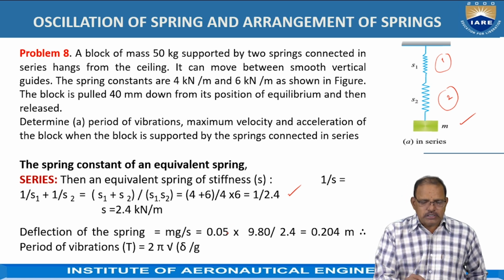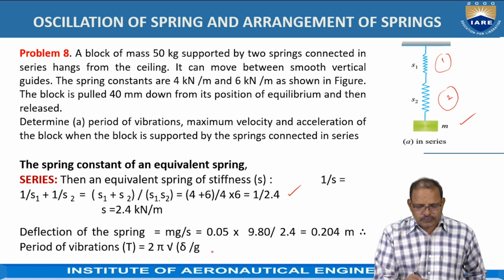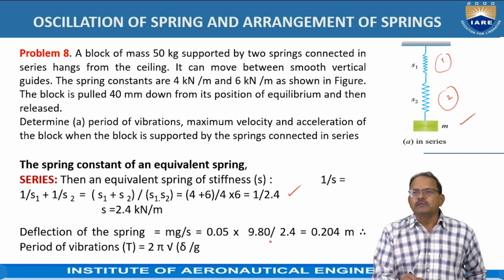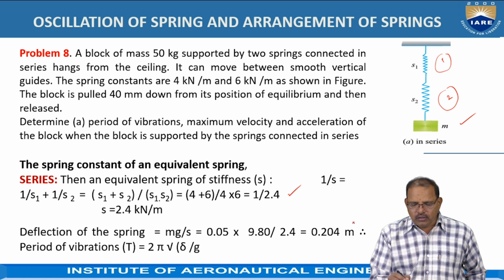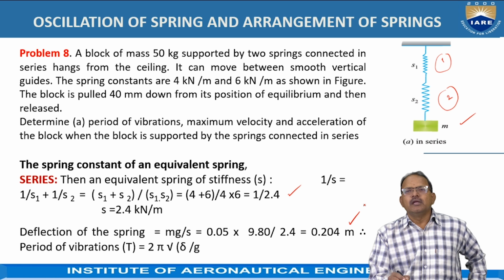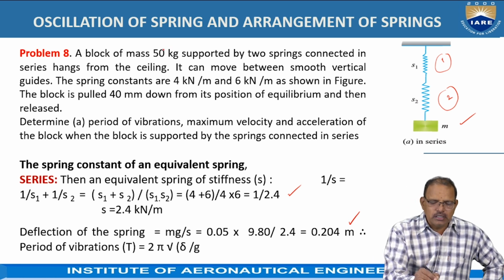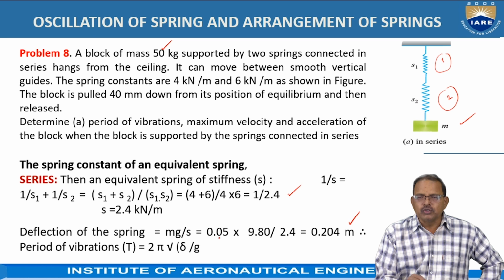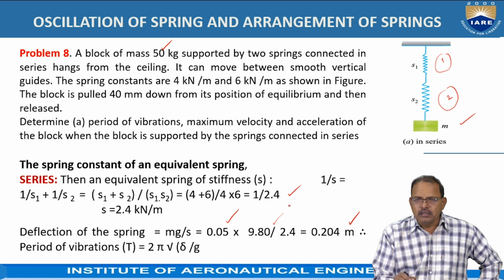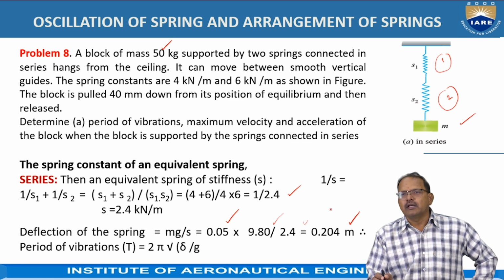Here the mass suspended is 50 grams, which is 0.05 kg, so 0.05 into 9.81 divided by 2.4, which is equal to 0.204 meters, because we have taken all the units in MKS.